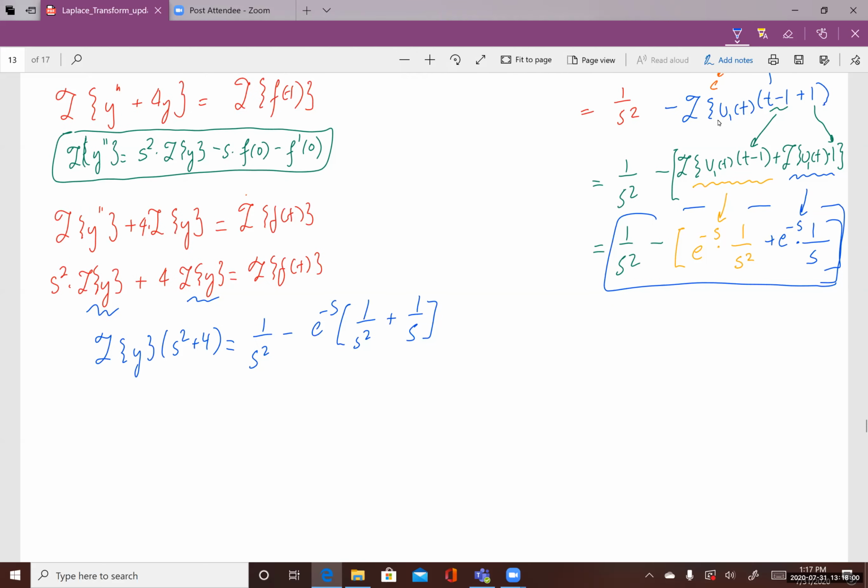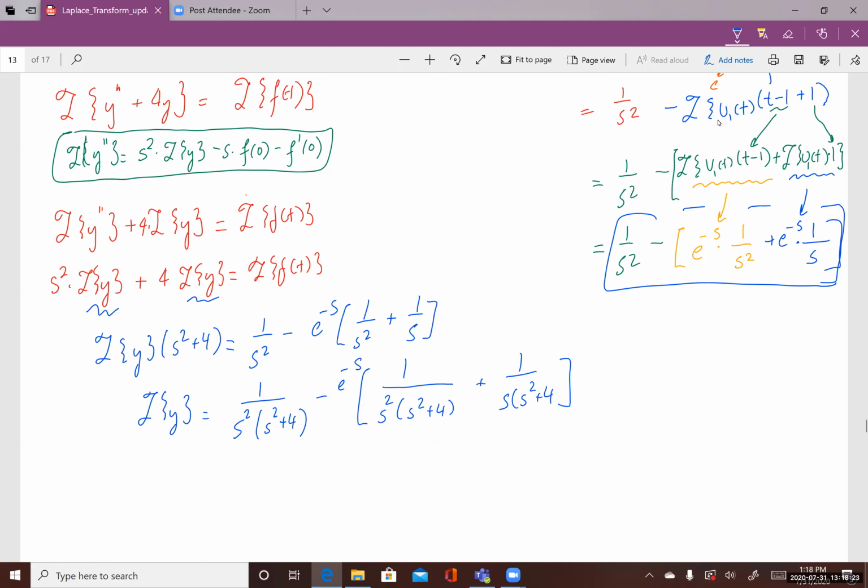Then I can just solve for the Laplace transform of y, which equals 1 over s squared plus 4, minus e to the negative s times 1 over s squared plus 4, plus 1 over s squared plus 4.